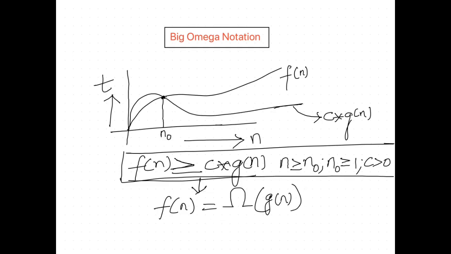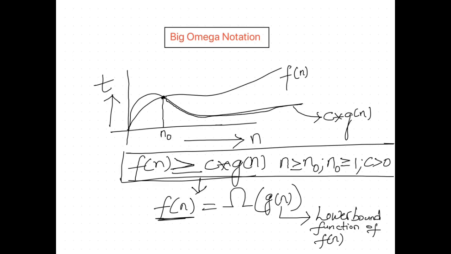Now when I write big omega of g of n, what is this g of n? G of n is the lower bound function of f of n. Now you see, this is a lower bound function. This c into g of n is lower than f of n.